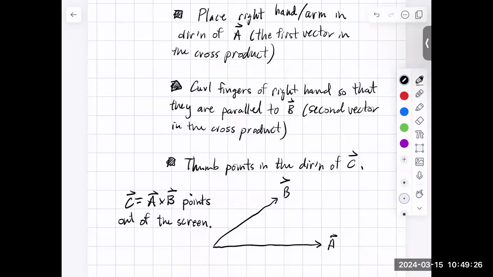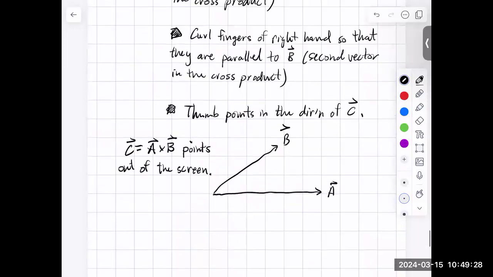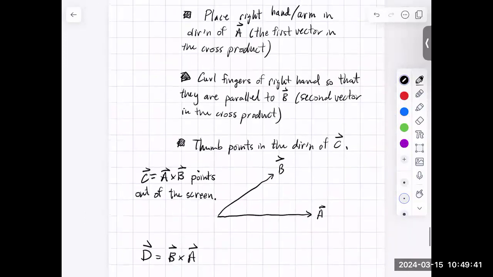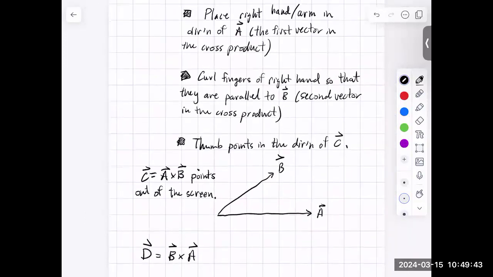Let's just for practice, let's try to make a vector D, which is equal to B cross A. Okay, so we'll just apply the rules. So I'm going to place my right hand in the direction of the first vector in the cross product. So that's B. So B is something like this. And now I'm going to try to make my fingers parallel to the second vector, which is A. That's horizontal, so I'll make my fingers horizontal.